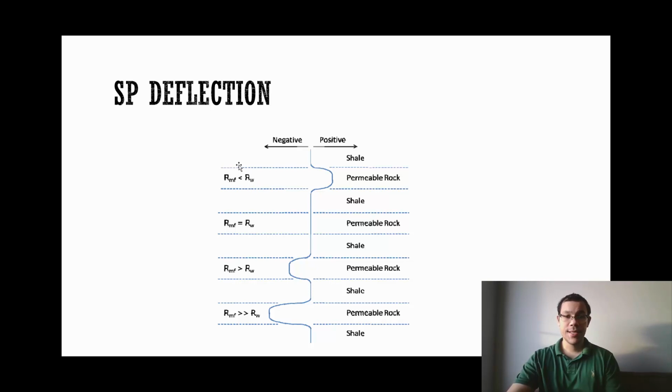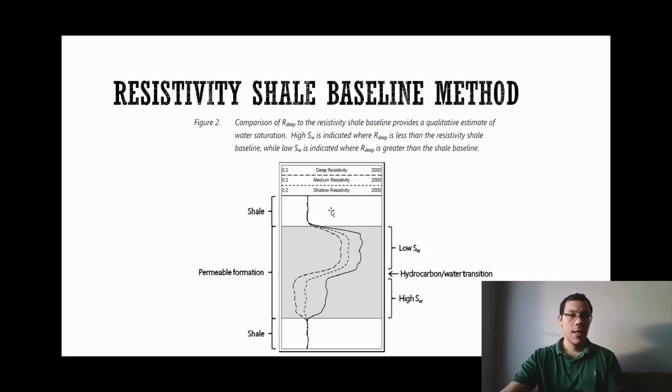In this scenario, where the resistivity of formation water is bigger than the resistivity of the mud filtrate, it will move to the right. The most common case is this one: it will have a negative deflection. It will move to the left.